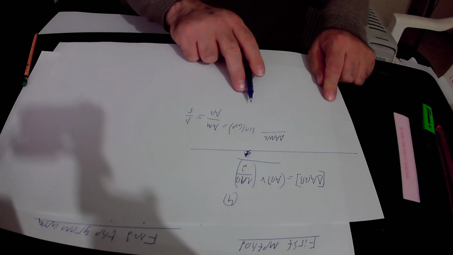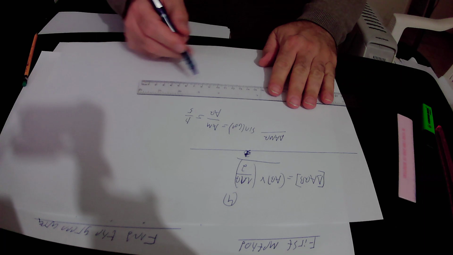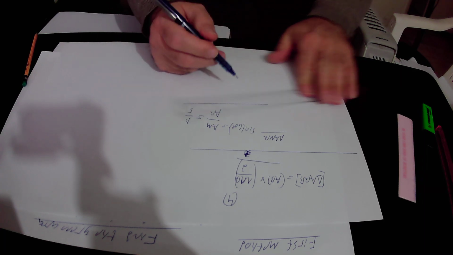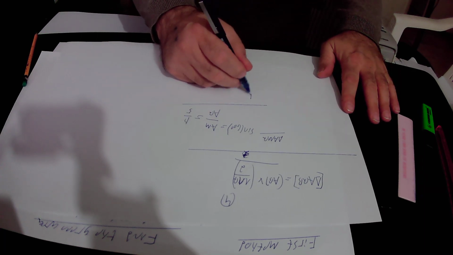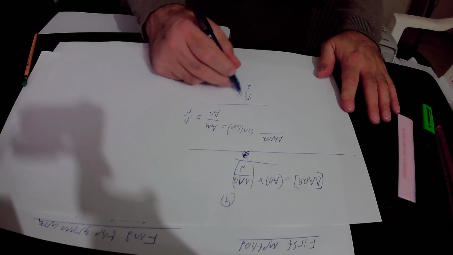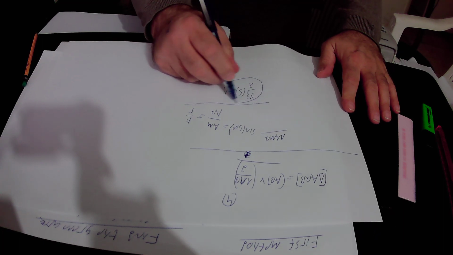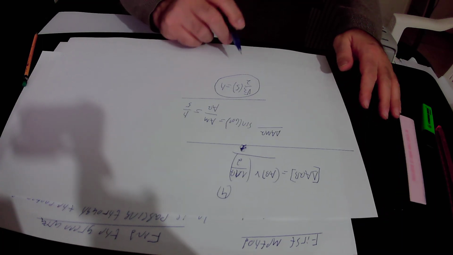So sine 60 degrees equals h over 5. Here we will multiply the equation by 5. And sine 60 degrees is square root of 3 over 2. So square root of 3 over 2 times 5 equals h.